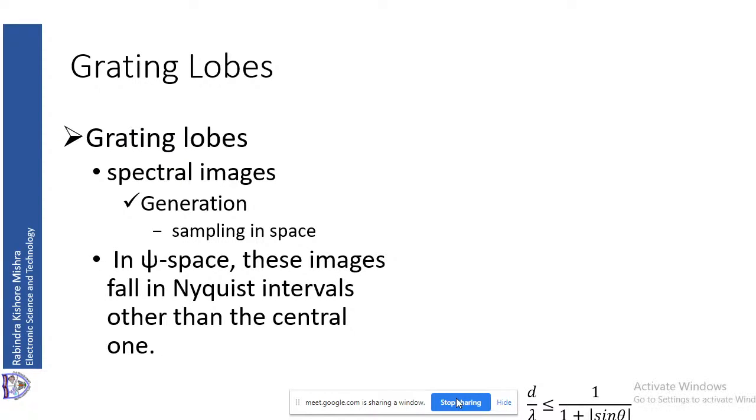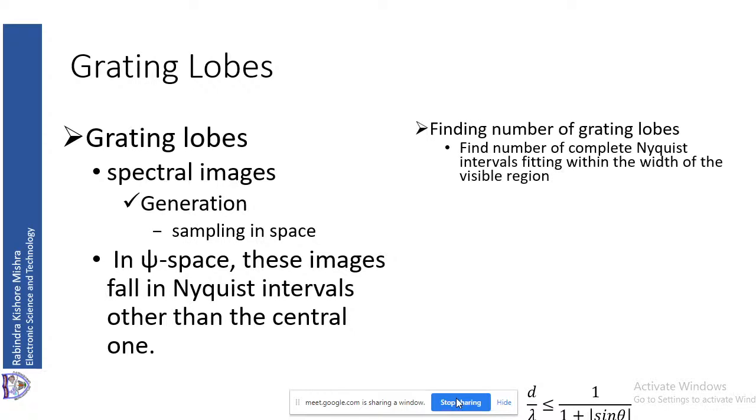Here it is sampled in space. If only the central image is within the Nyquist interval, then you get one lobe. If other spectral images come into the Nyquist interval, then you get more than one lobe, which are called the grating lobes.